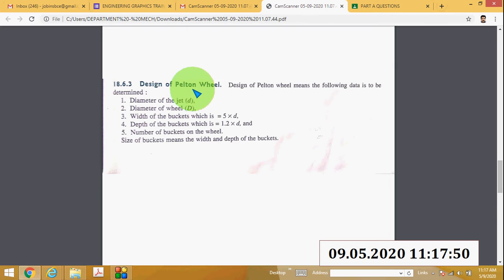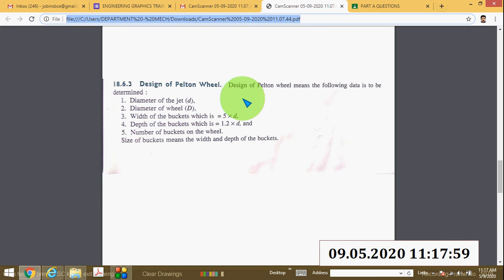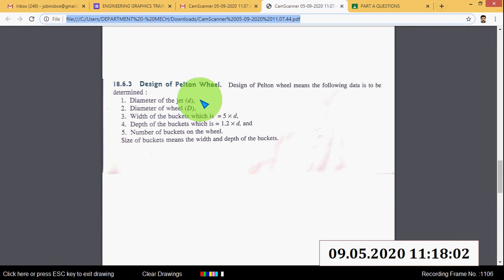So when we design a Pelton wheel, the following data is to be determined: the diameter of the jet, small d, then the diameter of the wheel, capital D, then width of the buckets, which is equal to 5 into d, and the depth of the buckets, which is 1.2 into d, and the number of buckets on the wheel. So we have to find all these values if a problem is design of a Pelton wheel.